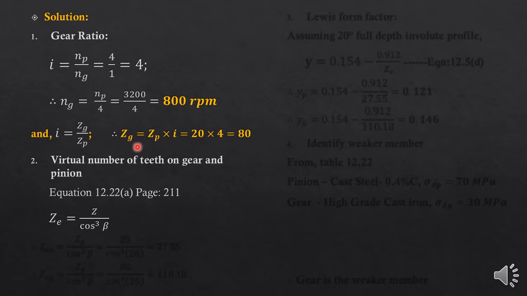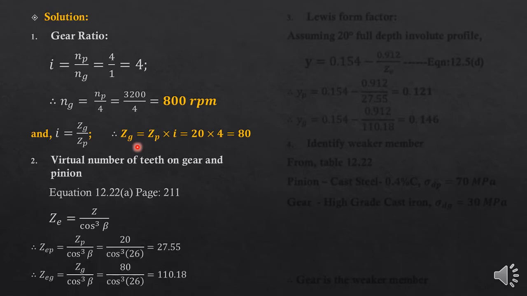ZE, which is the equivalent or virtual or formative number of teeth, is equal to Z, the actual number of teeth, divided by cos cube of helix angle beta. Now we will calculate the equivalent number of teeth for both pinion and gear, and we get the values as 27.55 and 110.18.